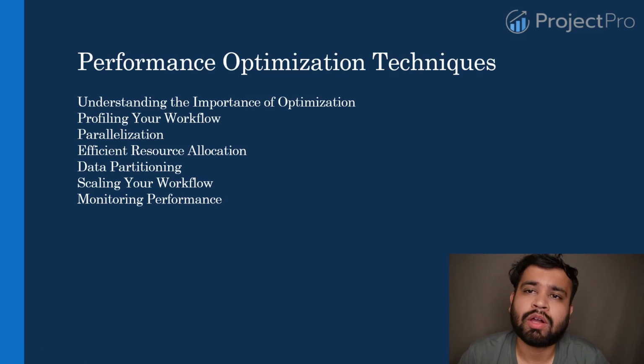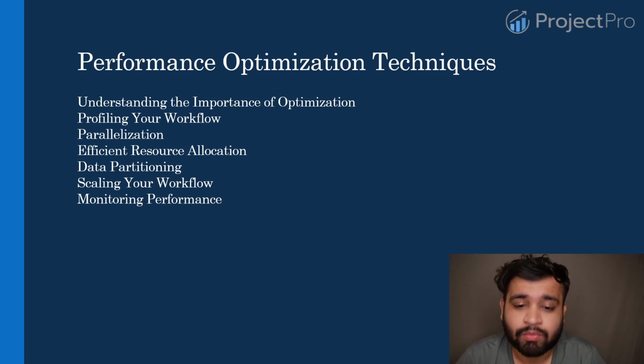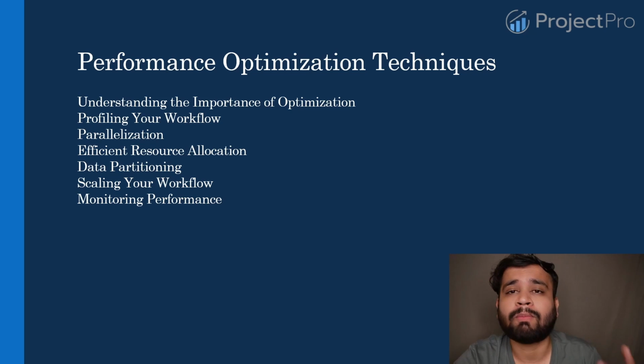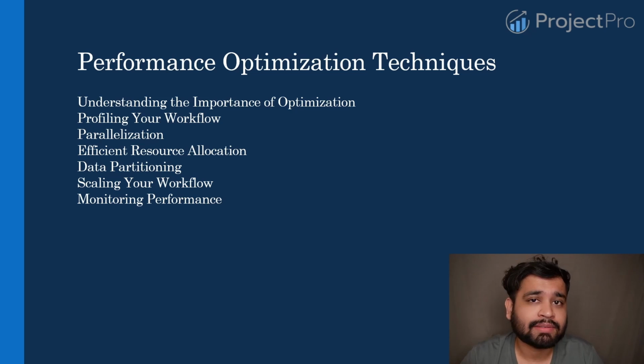Let's also talk about parallelization, which is a pretty useful technique for more complex and bigger workflows. In this technique, tasks are executed concurrently to improve our workflow efficiency. It is similar to Hadoop.